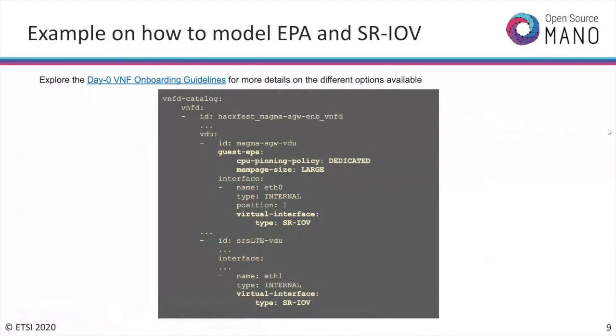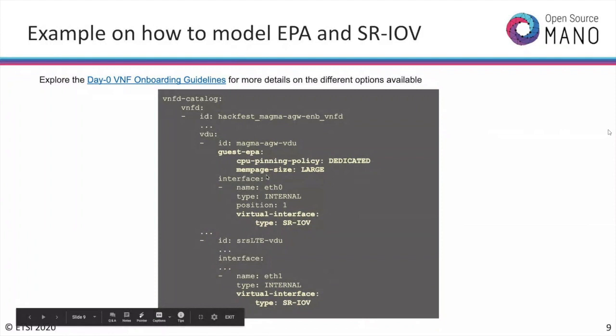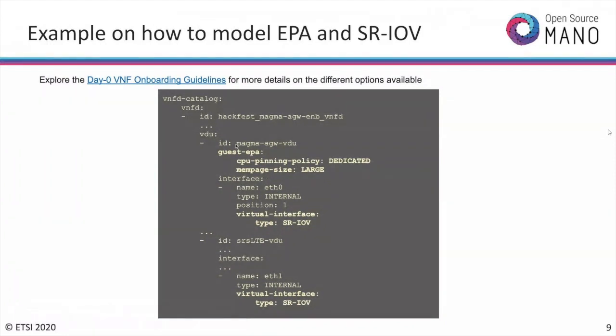So how would this look in our model in the VNFD? You have a guest EPA section that you can use inside the VDU section of the VNFD, where you can put these techniques: CPU pinning policy dedicated, for example, to use CPU pinning.